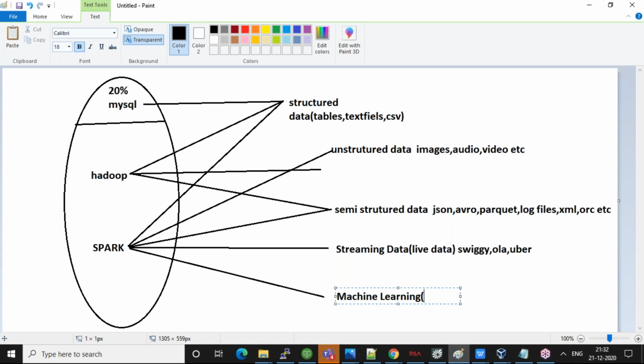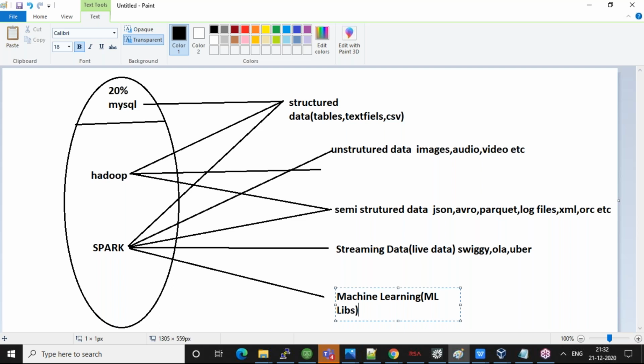This is MLlib, the machine learning libraries. With Spark and the machine learning libraries, you can process machine learning data also, and you can write machine learning programs also.